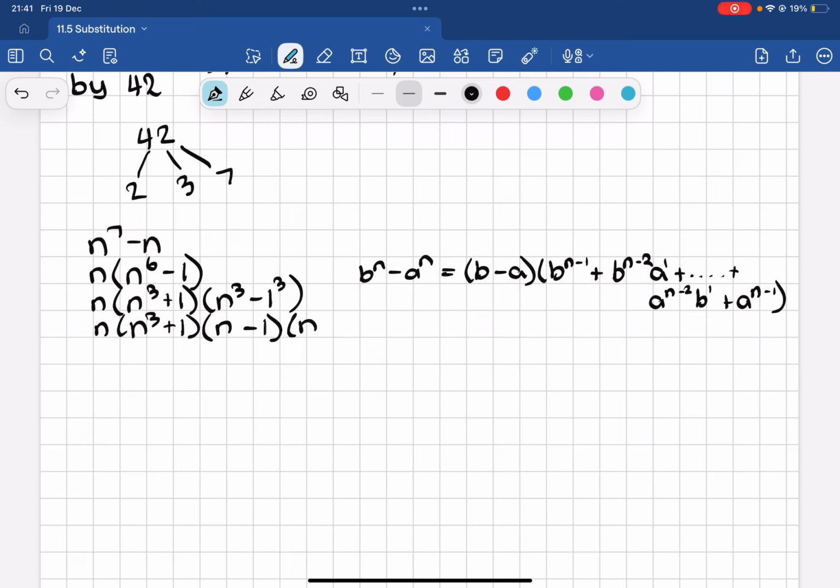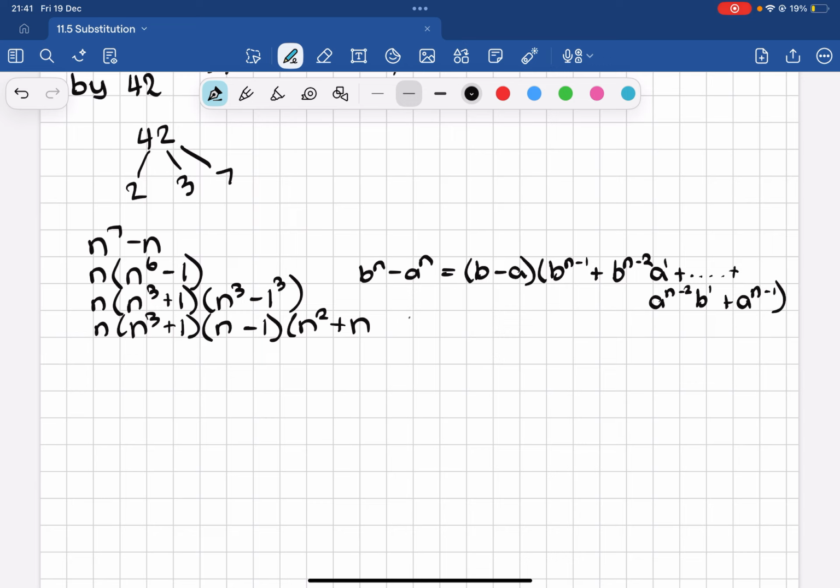Then b to the n minus 1 is n squared, plus b to the n minus 2 times a. So that's n multiplied by, well, not minus 1, just 1, so that's n.